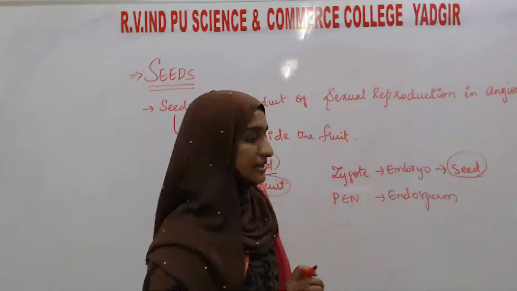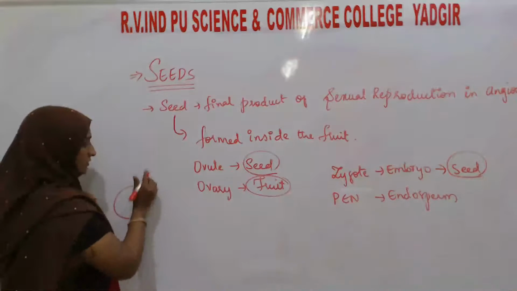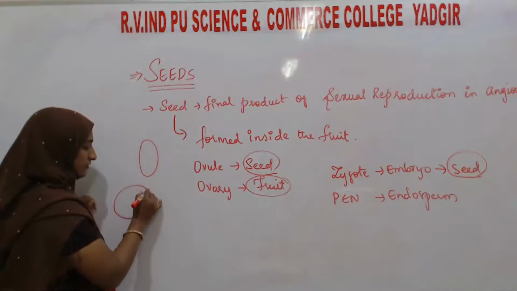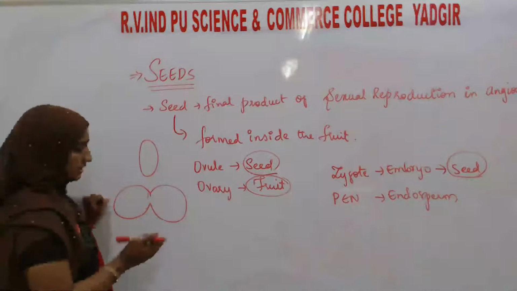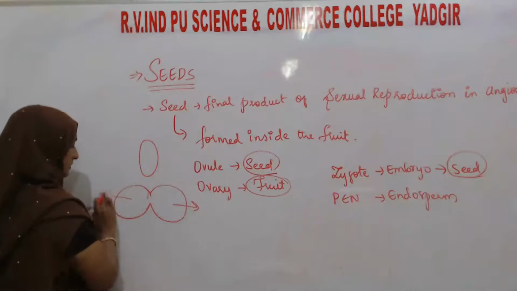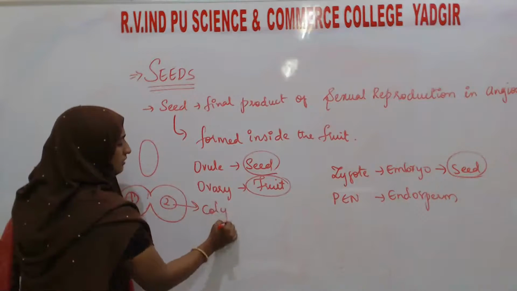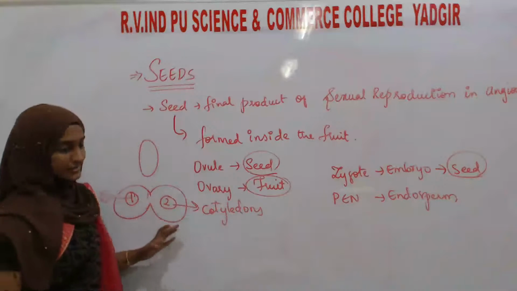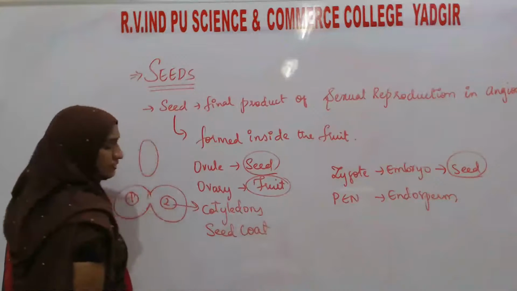A typical seed, this is the seed. If you see the lateral section of a dicot seed, there are two cotyledons, this is one and this is two, along with the seed coat.